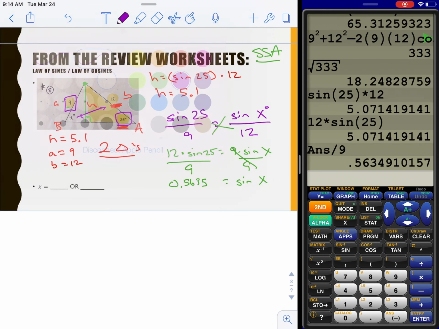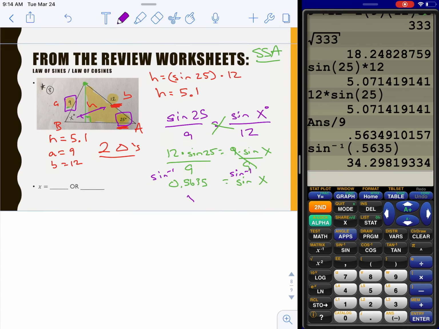And since I'm down to the sine here, let's do the inverse sine of both sides. So angle x is equal to 34.3. So one potential value for x is 34.3.